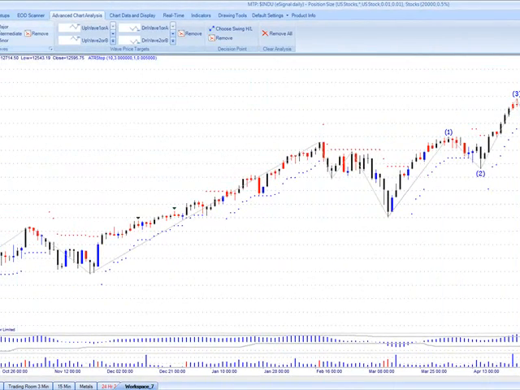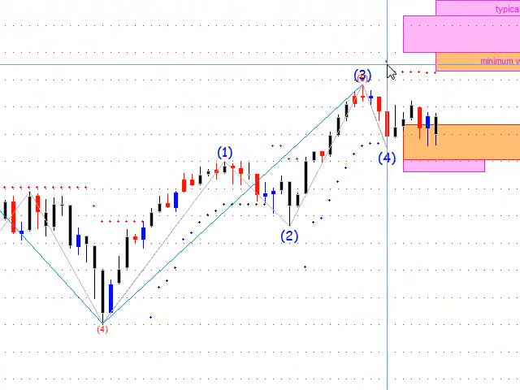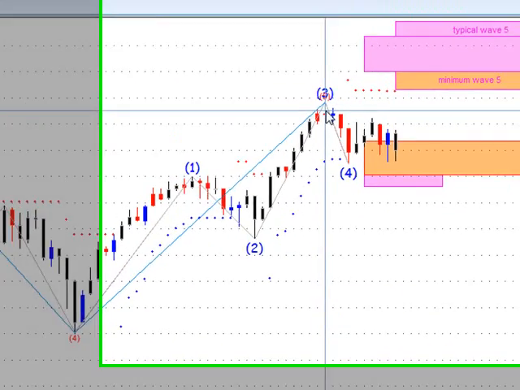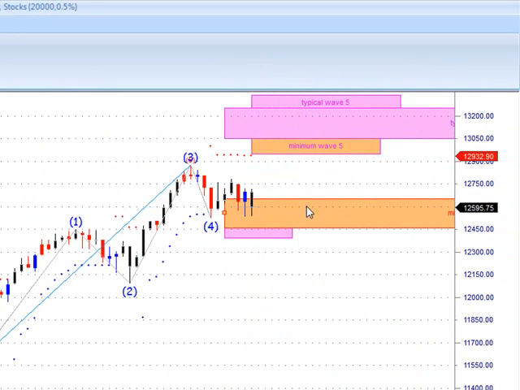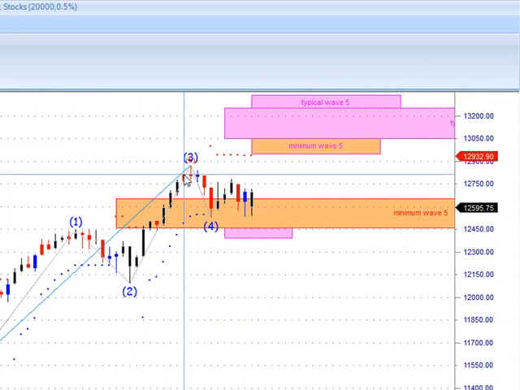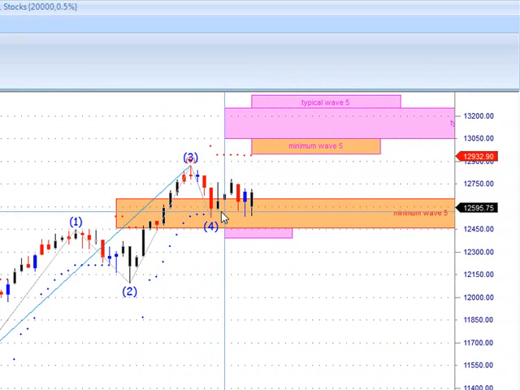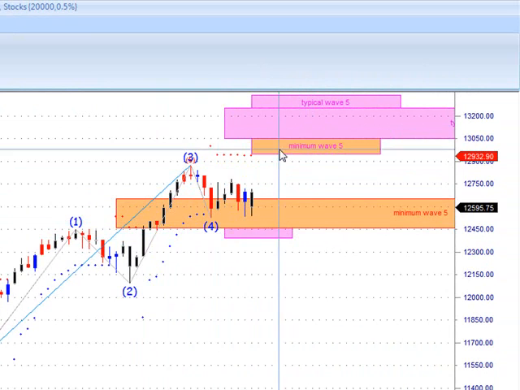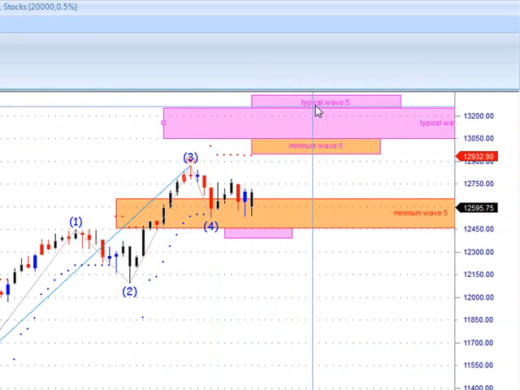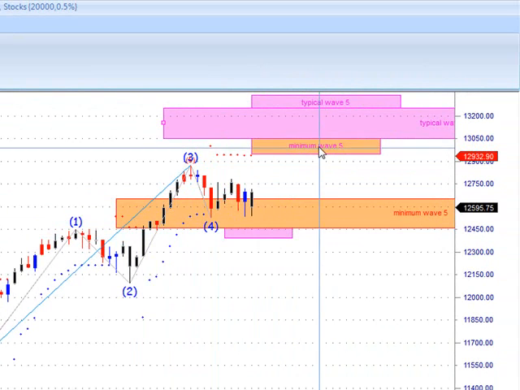I'm going to put the major analysis on because you can see we had a major 5-wave pattern up. We hit the minimum wave 5 resistance in here. Took that out. We got the pullback on the intermediate wave 4. Here's our major wave 5, typical wave 5 up here, kind of sandwiched in between our intermediate wave 5 targets here.